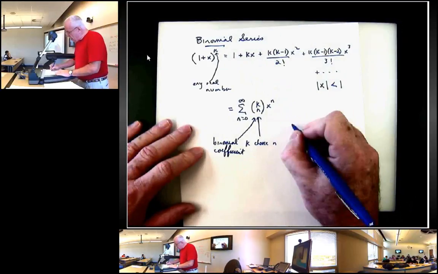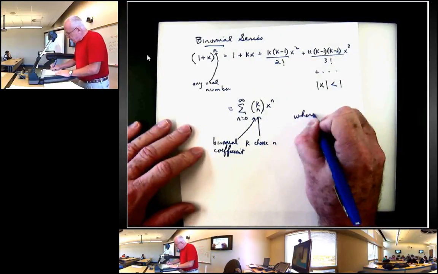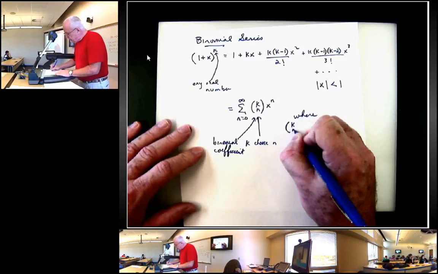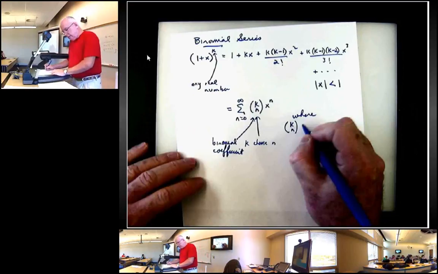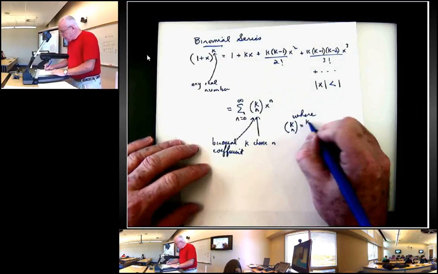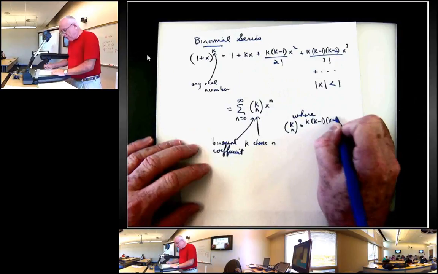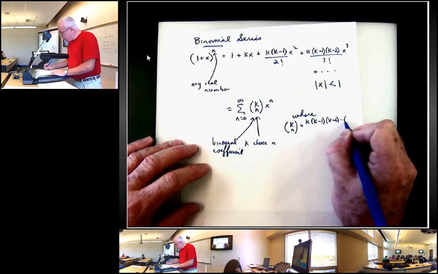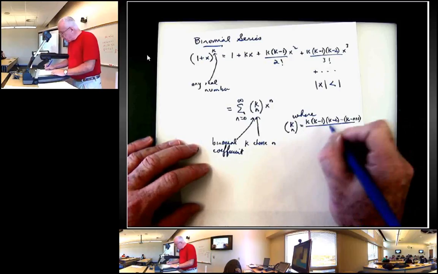Let me write out what the binomial coefficient is: in parentheses, k on top, n on the bottom, and its formula is k times k minus 1 times k minus 2, all the way to k minus n plus 1, all over n factorial.